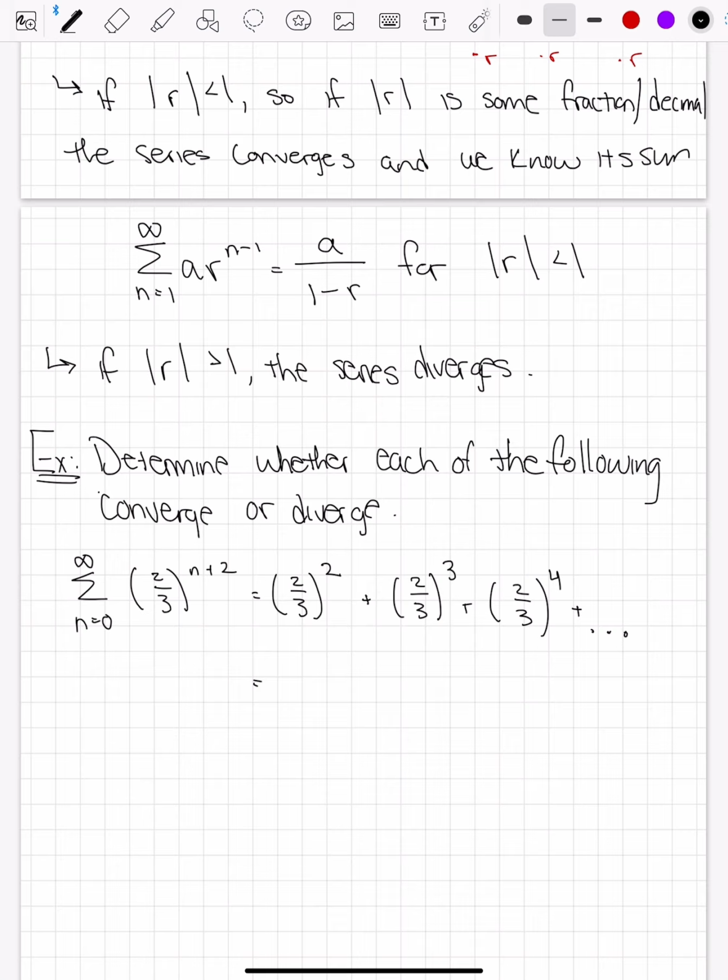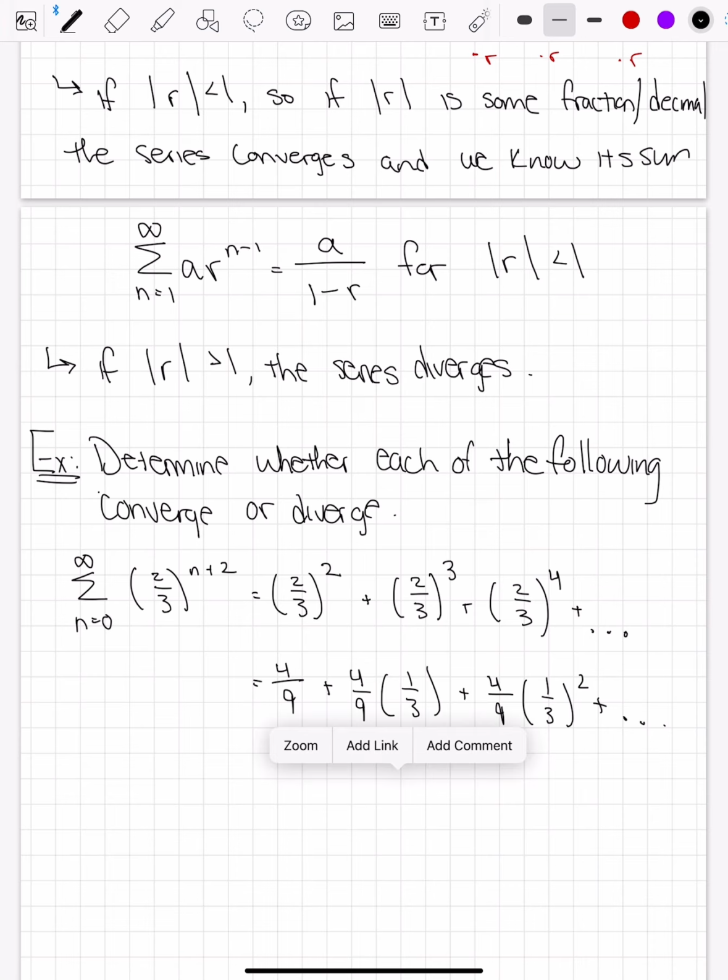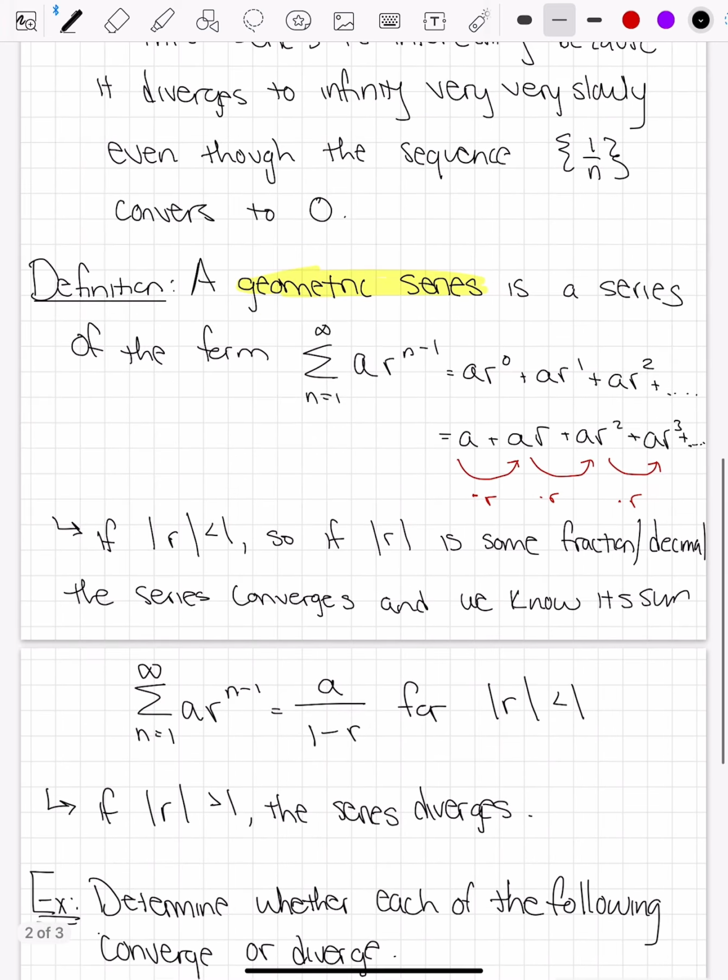So if we try to simplify this, this becomes 2/3 times 2/3, that's 4/9, plus then we have 4/9, and then we multiply by one more third, plus now we multiply by two more thirds than the first one. So this is our form. Remember, in the form of a geometric series, you have some constant a that's in each term, and then you have an r that gets multiplied each time.